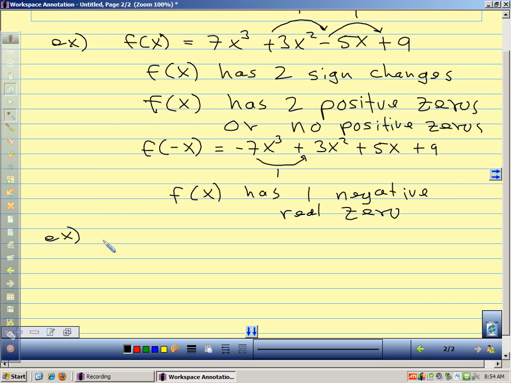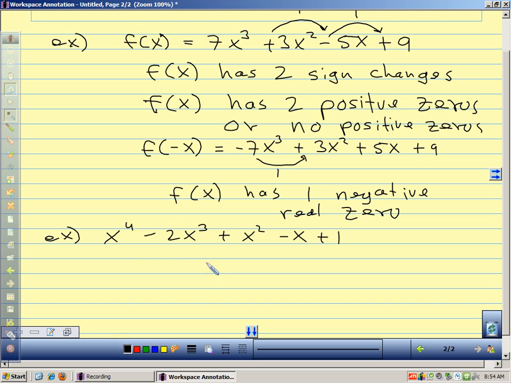So let's look at negative 7x to the third plus 3x squared. Oh, that's not what I want. That's my f of minus x. Let's look at x to the fourth minus 2x cubed plus x squared minus x plus 1.